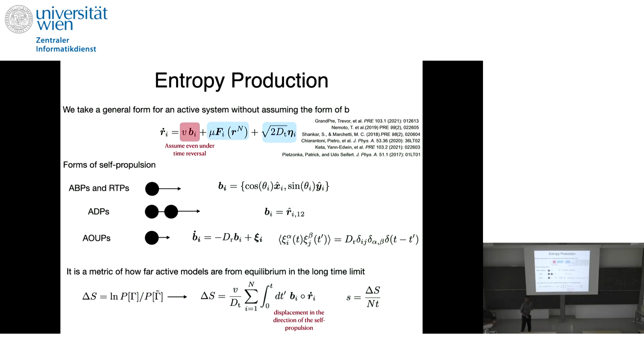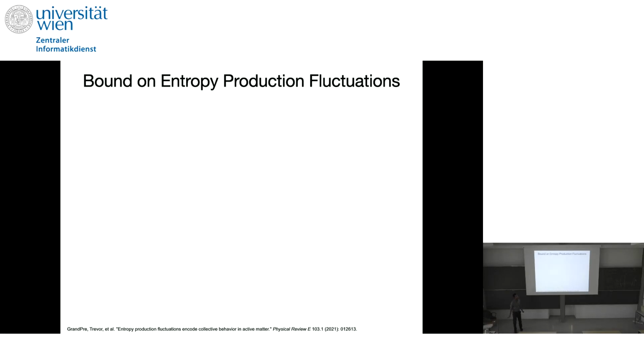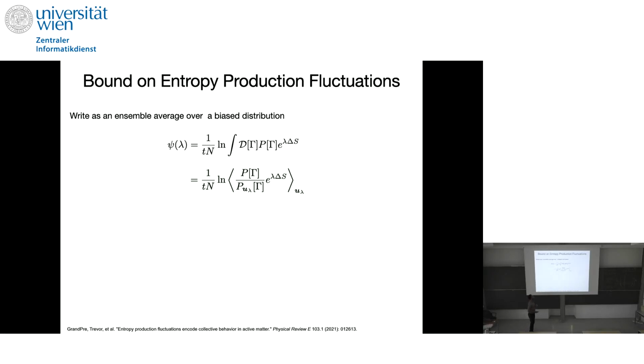Okay, so one of the main results that we did is, well, you can just rewrite that cumulative generating function I talked about a couple of slides ago, just write it as a path integral. And then what you could do is you could do a reweighting of the path probability where it's reweighted by an arbitrary force u lambda.